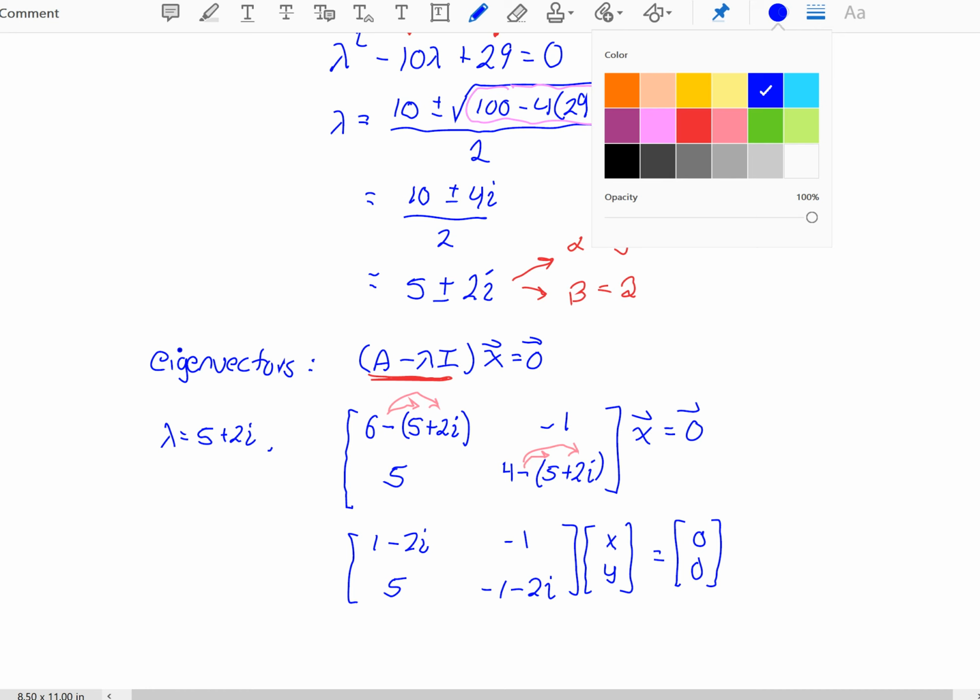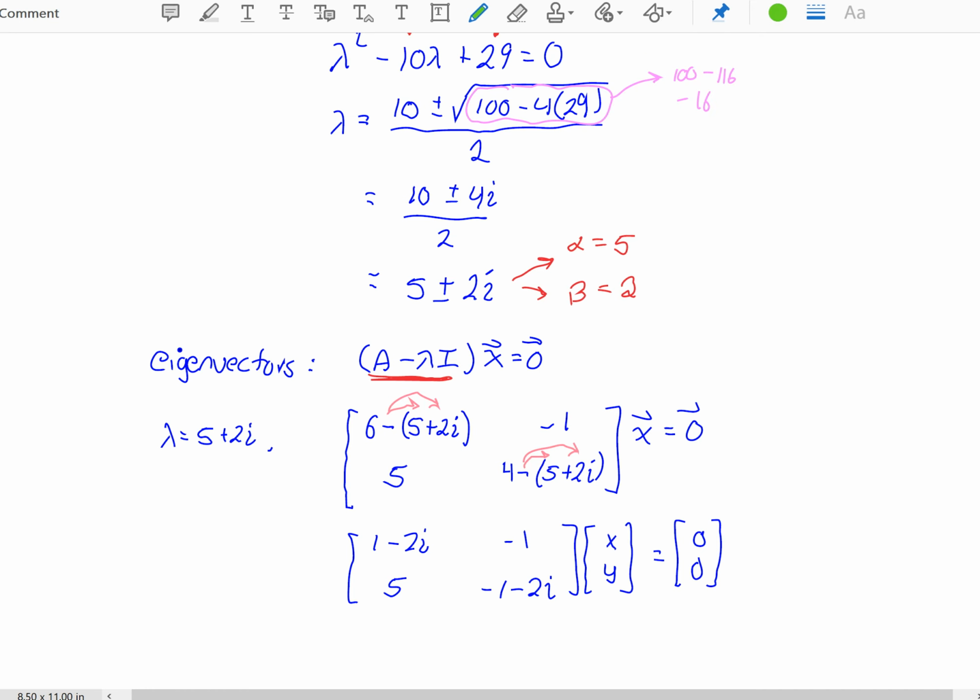Now recall what lambda does for us. When we look at A minus lambda I, this matrix is always going to be singular, which means one of these columns or one of these rows has to be a multiple of another. This helps us when we're looking for our eigenvectors, because I'm going to look at just the first row of our matrix product.